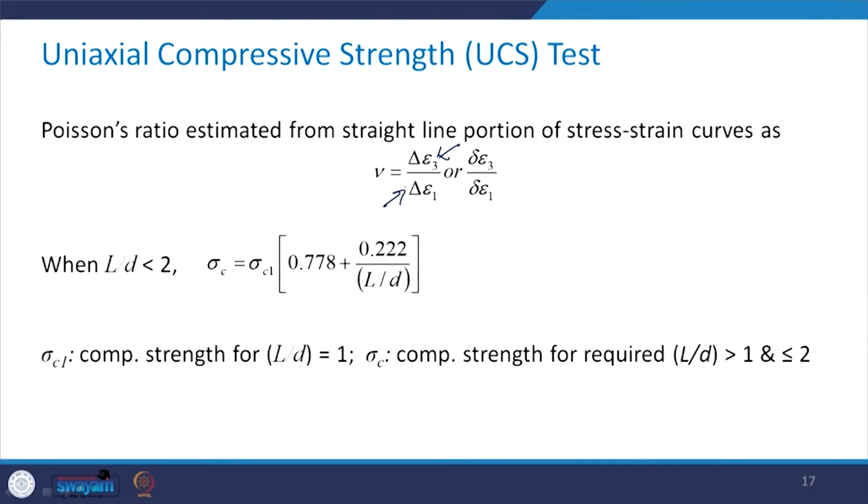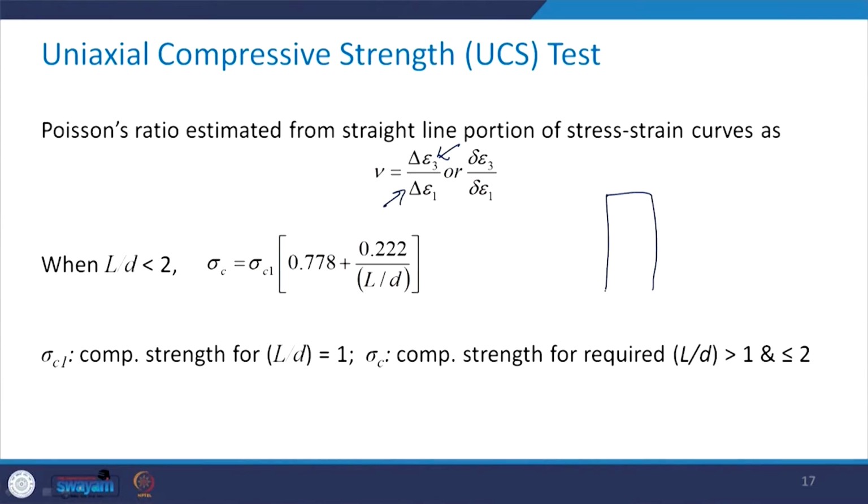Now, sometimes it may not be possible to get the specimen with L by D equal to 2 or more than 2. This is your L dimension and this dimension is D. The ISRM guideline is that this L by D should vary between 2 to 3.